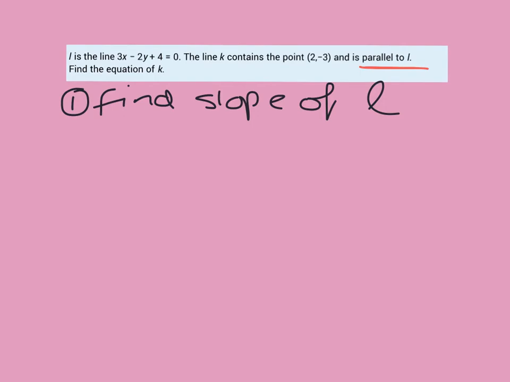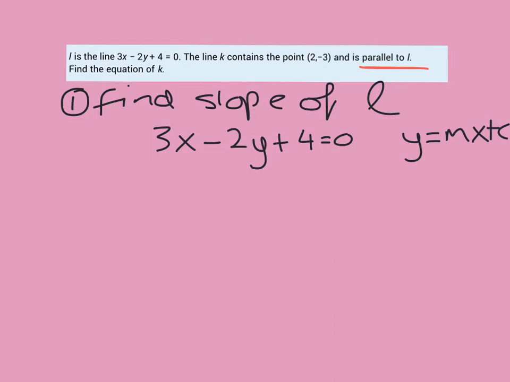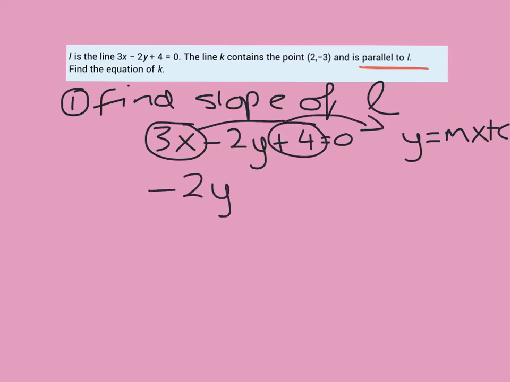Okay, let's go ahead and find it then. So I have 3x minus 2y plus 4 equals 0, and I want to make that look like y equals mx plus c. So I'm going to bring this and this across the line. Okay, so I get minus 2y equals minus 3x minus 4.